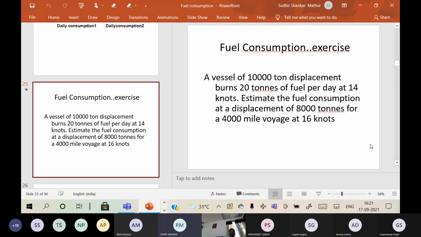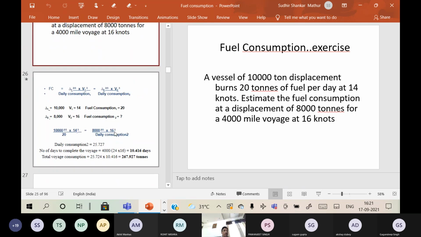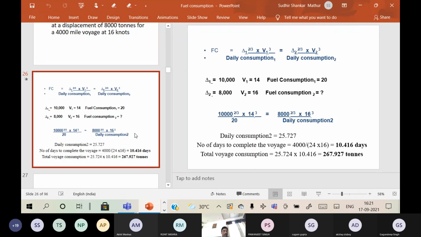Sir, can you please repeat the answer? Okay. So the answer is daily consumption as per calculation is 25.7. Okay.